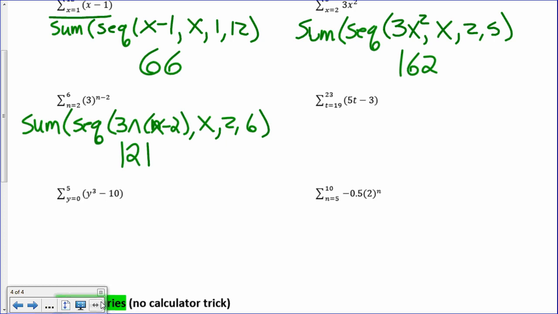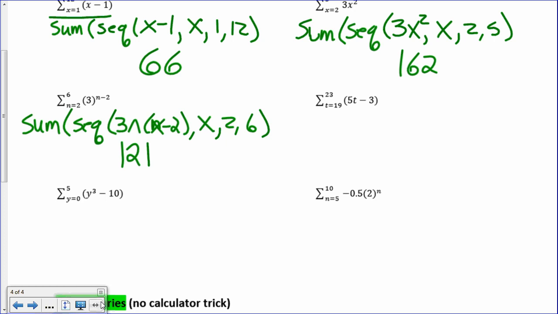Do we put the carrot or not? There's no powers here. Your expression for this one would be 5x minus 3.